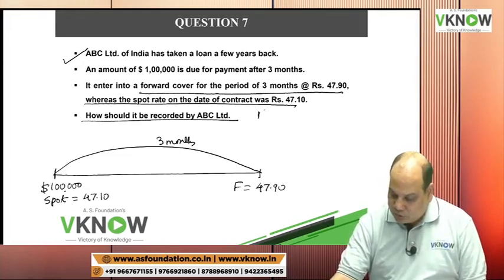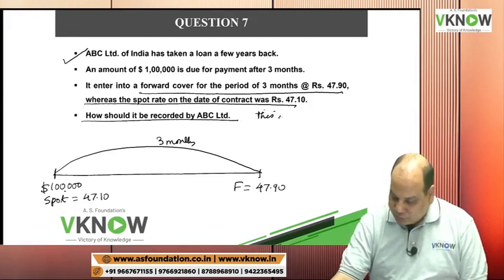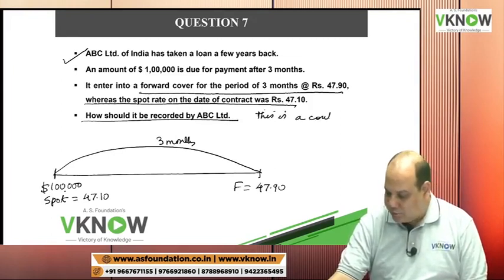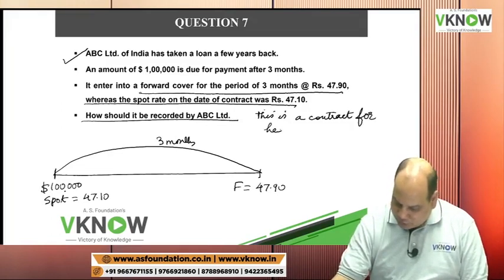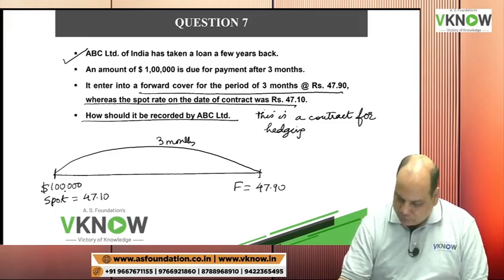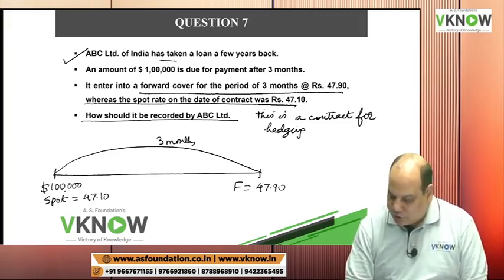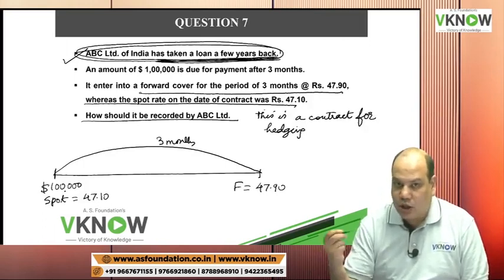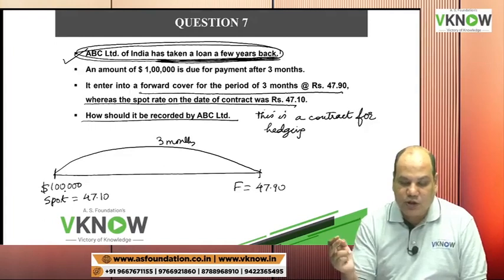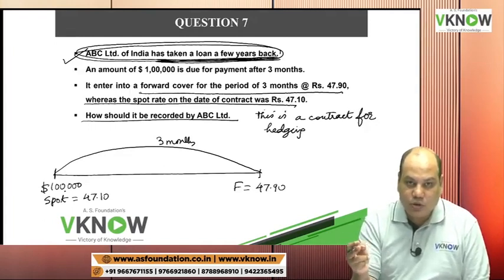So first of all, you should mention that this is a contract for hedging. Why it is a contract for hedging? Because there is a loan behind it. Genuine reason. You have to repay the loan. And if the exchange rate goes up, you will have to pay more rupees.